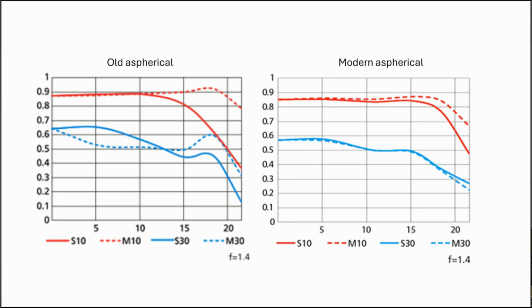In the past decade, there's been a big advancement in the manufacturing technology for aspherical lenses. Nowadays, it is possible to make more precise aspherical elements that eliminate a lot of the astigmatism baked into all the designs.